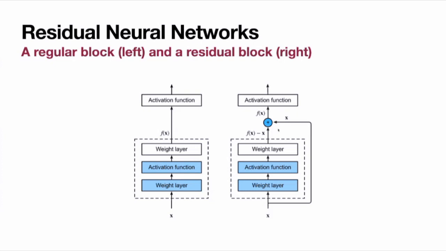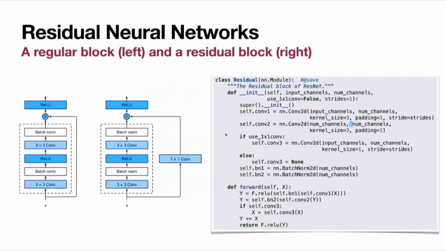This approach allows a deeper neural network without losing gradients. Here on the right you can see how it is implemented. A residual block has convolutions and a skip connection here. The whole idea is to add Y plus X.